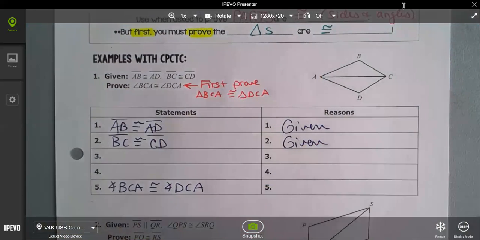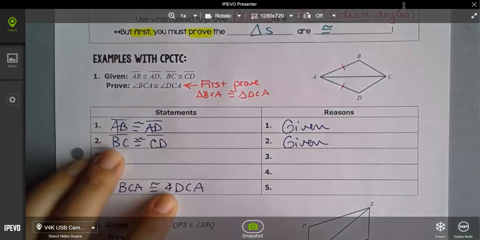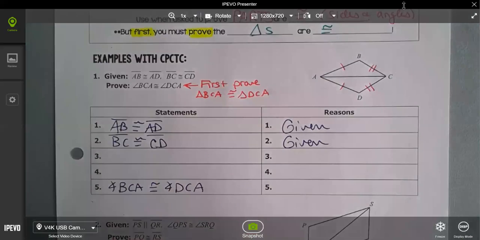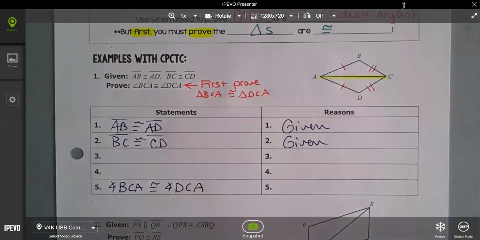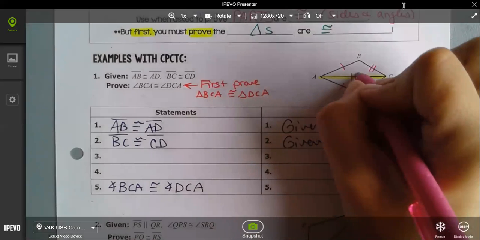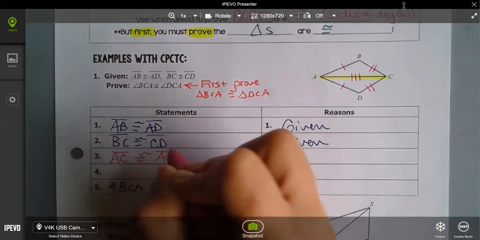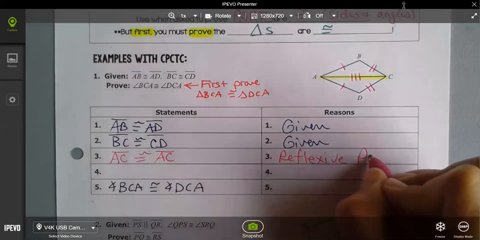All right, so let's go ahead and mark it up as always. So I've got AB congruent to AD, and I have BC congruent to CD. Do you see it? It's staring right at you. AC is congruent to AC because of the reflexive property.